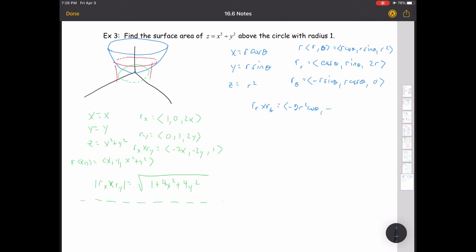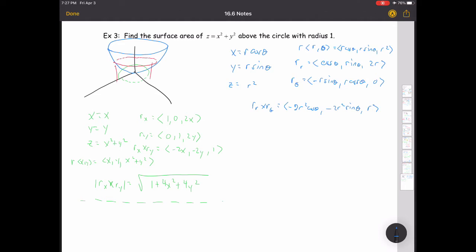So minus 2r squared sine theta. And then in the last one, eliminating the j row and column, we're going to get r cosine squared plus r sine squared, which again, if you factor out the r, is just going to end up being r, because it'll be r times sine squared plus cosine squared.